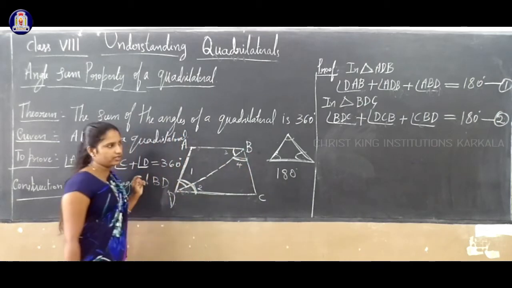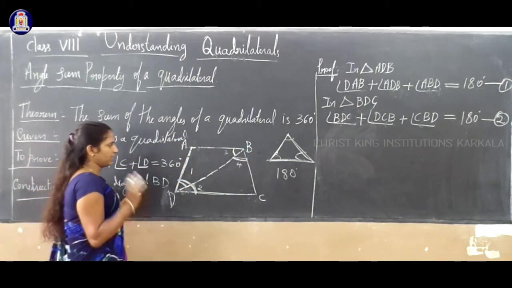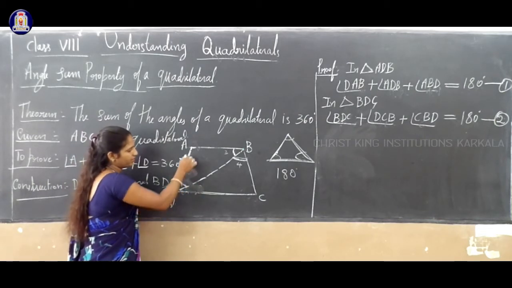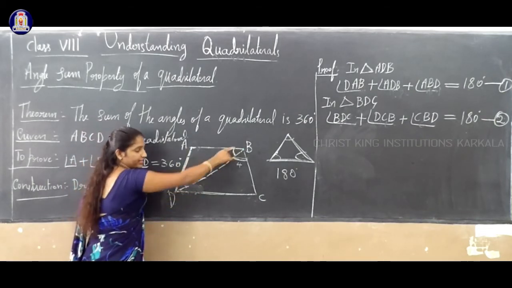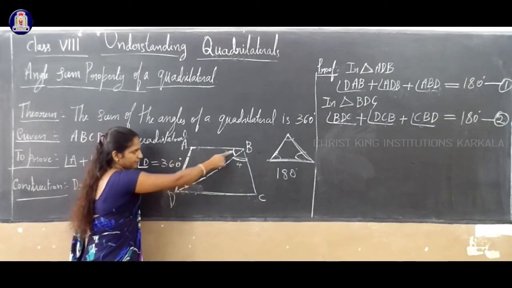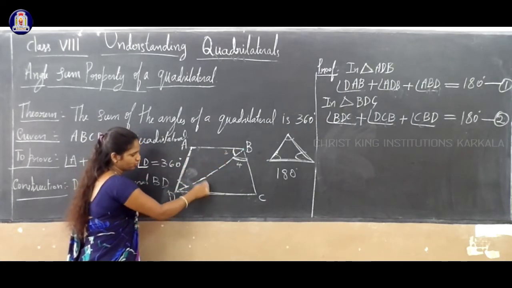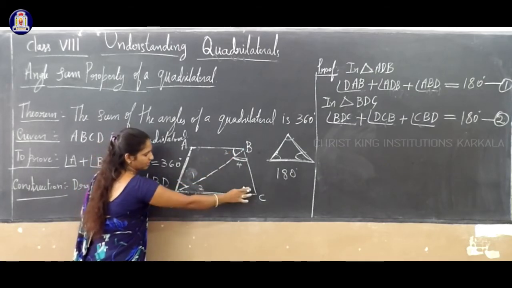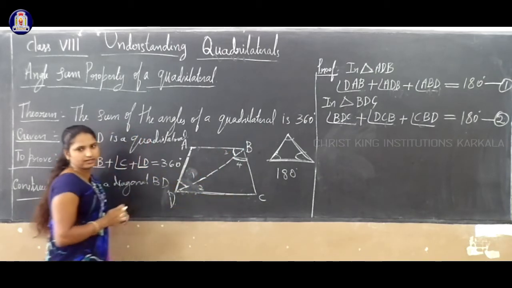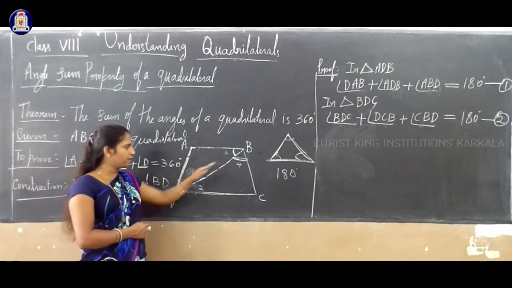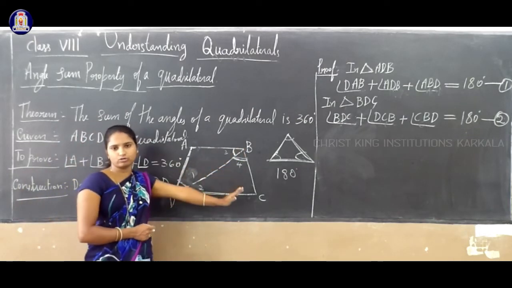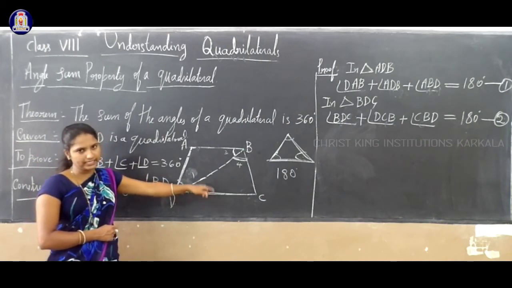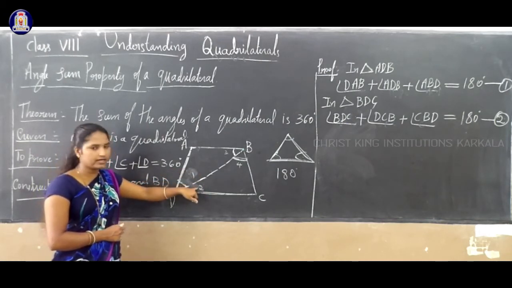Clear? Now see the figure. Angle 1 means ADB, right? ADB plus, what is angle 2? See the figure. Angle 2 means BDC or CDB. Clear? You can write CDB also or BDC also. Means angle 1 plus angle 2. You have to add angle 1 plus angle 2.